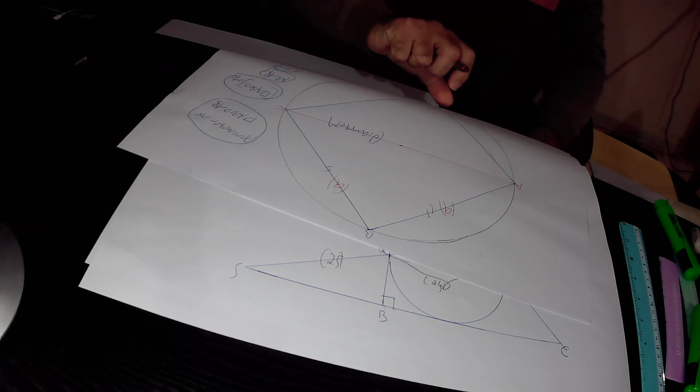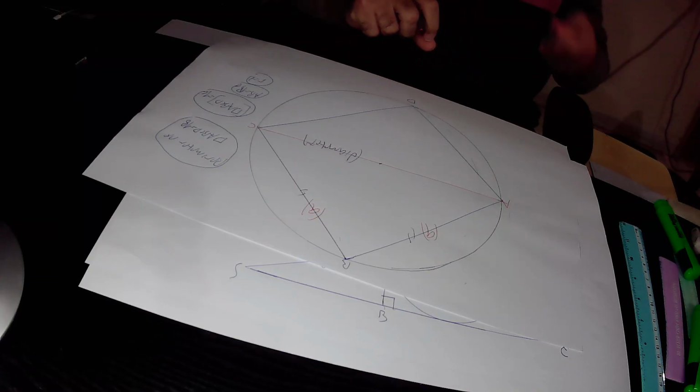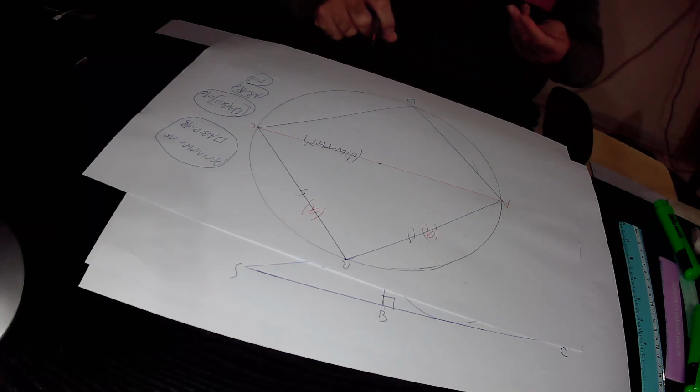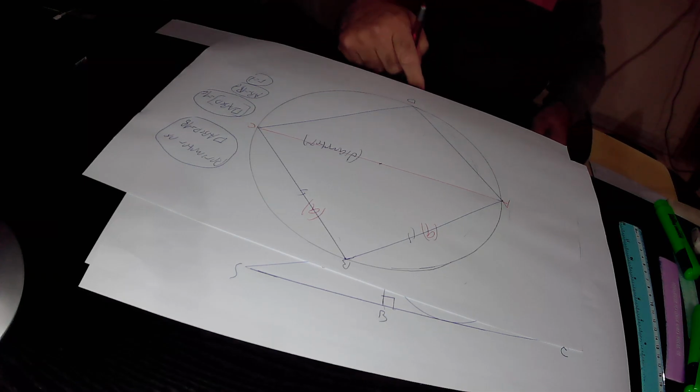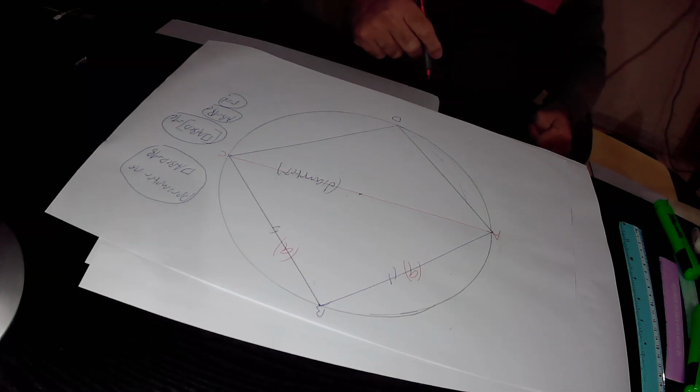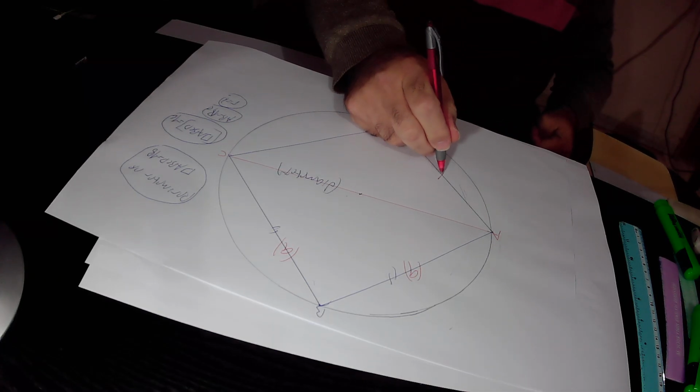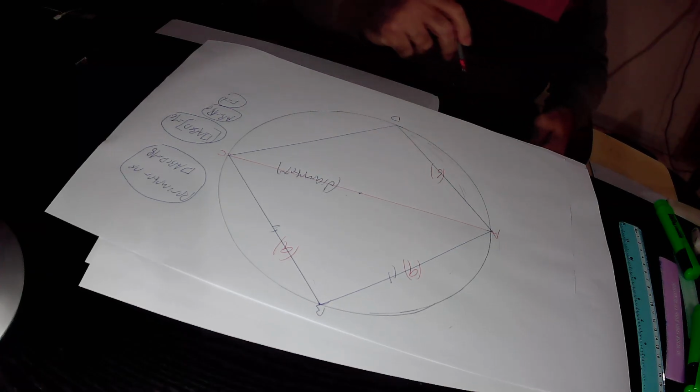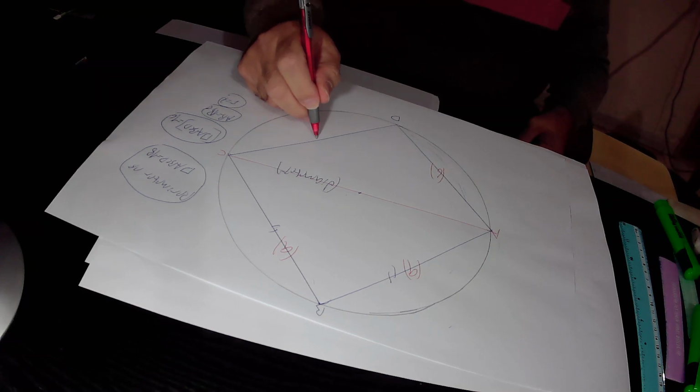Likewise, we define the length of side AD of quadrilateral ABCD as B, and we define the length of side DC as C.